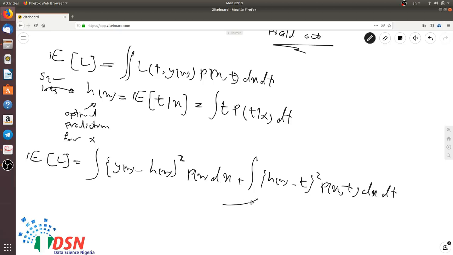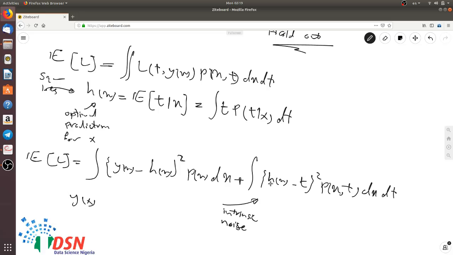We call the second term intrinsic noise because it does not have anything to do with our model, which is y of x. It is not related to y of x.